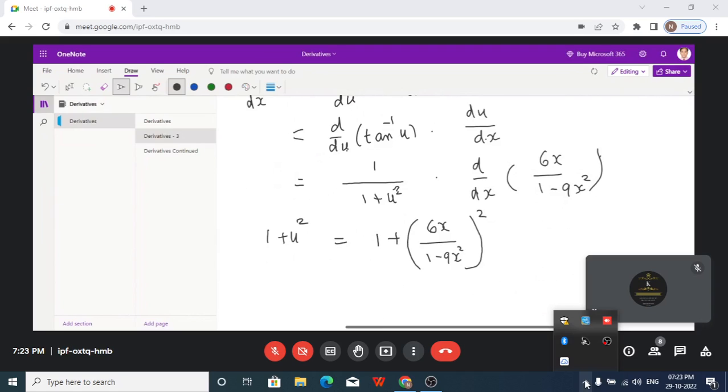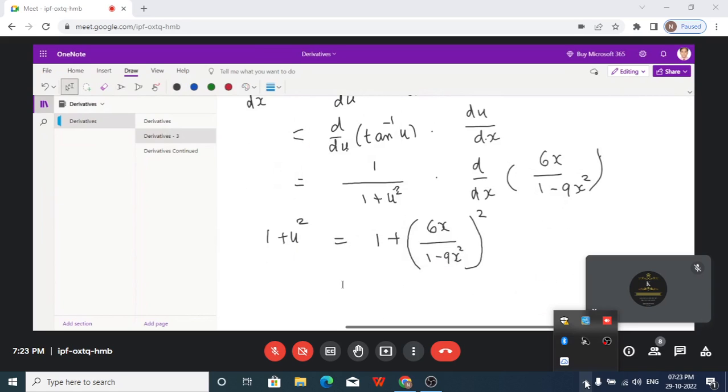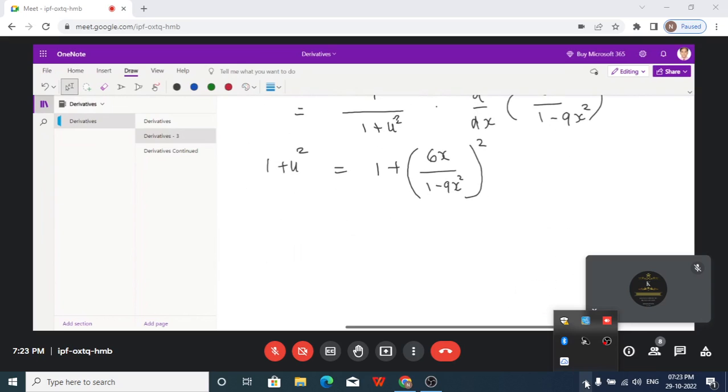Correct. If you have a complex equation, we can do it step by step like this. First just look at 1 plus u square. That's all. So this is what you get, right? 1 plus 6x by 1 minus 9x square, the whole square.